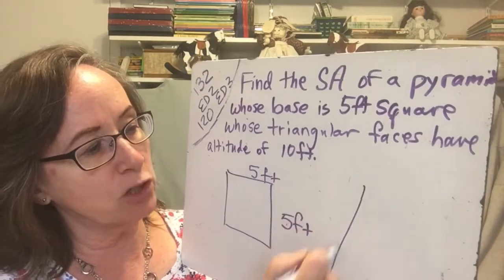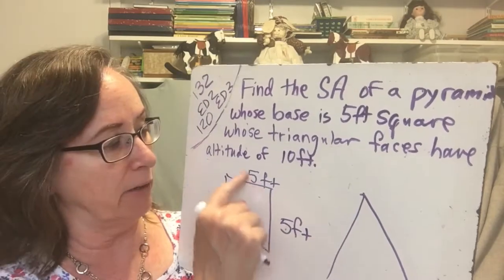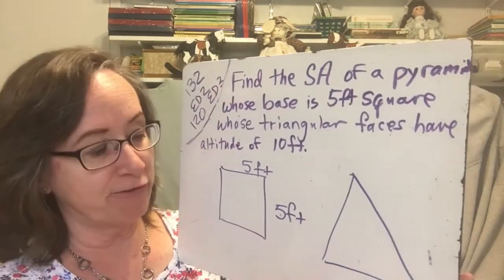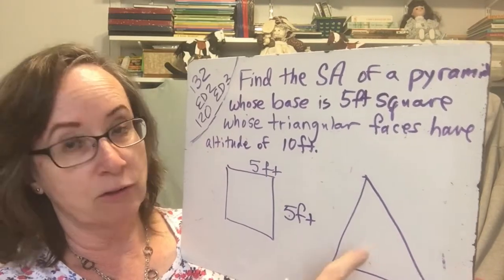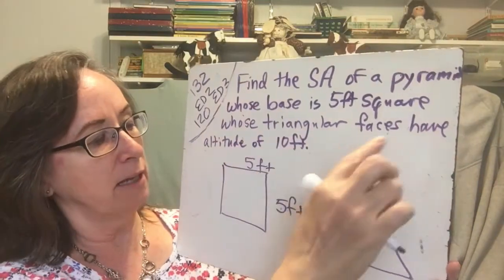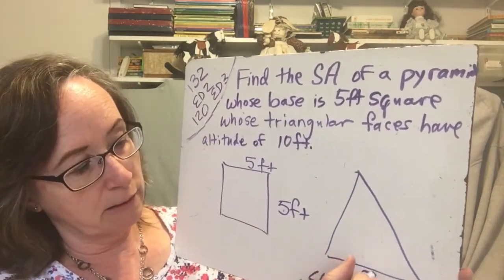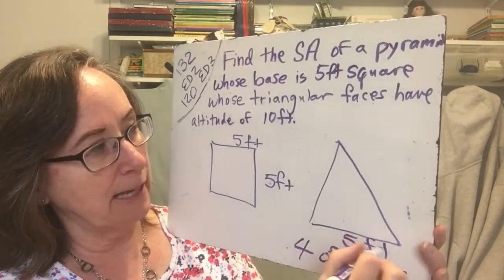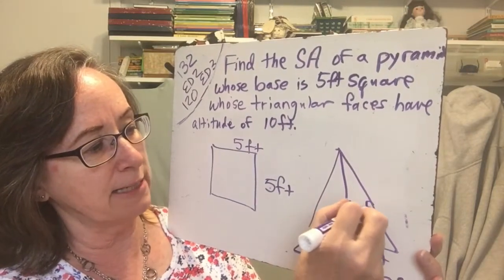And then each triangular side, so we should have a triangle here, here, here, here, all coming up to a point. And so we have 4 of these triangles, and the triangle's base should be 5 because it's got to meet with that side, 5 feet. And the altitude should be 10 feet.